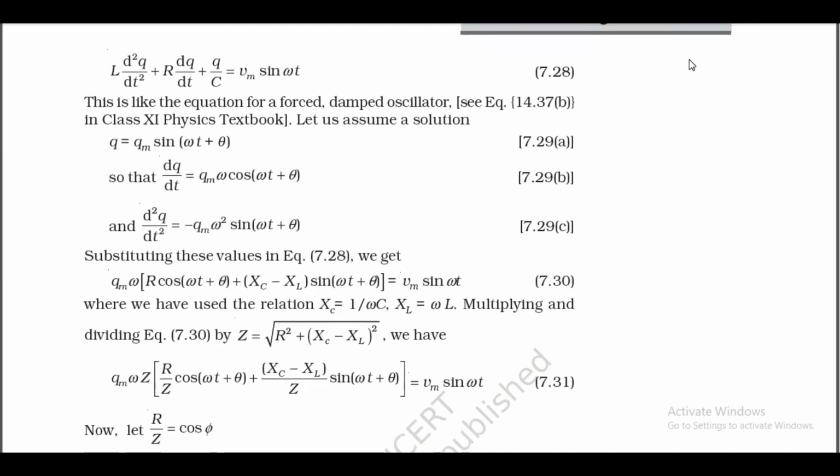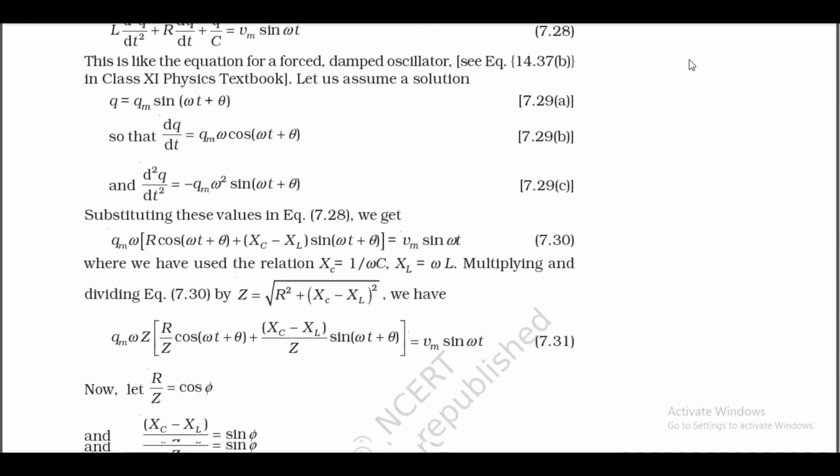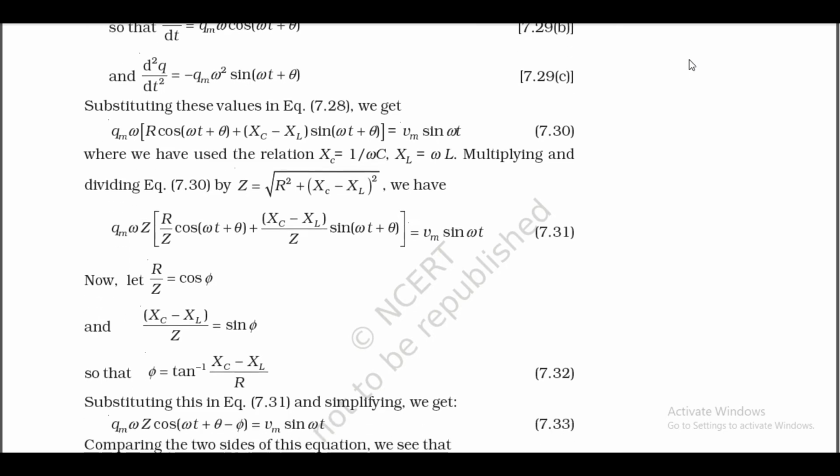As in the class 11 physics textbook, let us assume a solution q is equal to Qm sin of omega t plus theta, so that dq divided by dt is equal to Qm omega cos of omega t plus theta, and d square q by dt square is equal to minus Qm omega square sin of omega t plus theta.